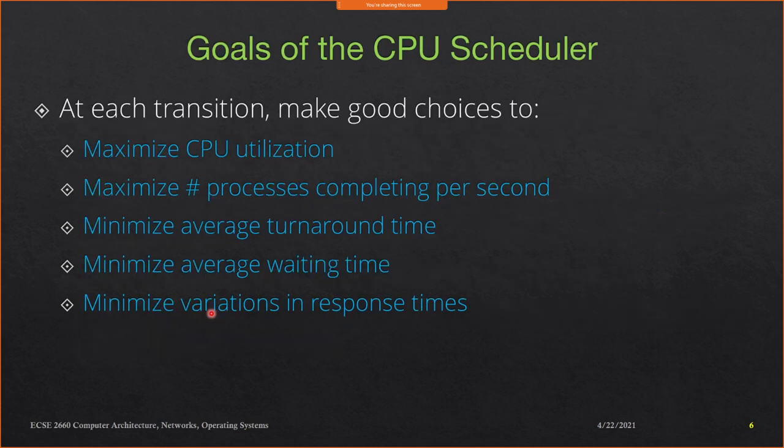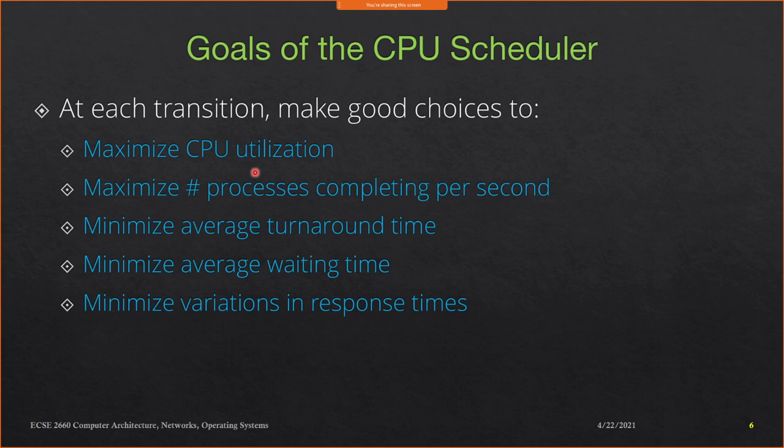Now, what are the goals for a CPU scheduler? At each transition, you would want the CPU scheduler to make good choices. And those choices might lead to optimizing a certain parameter. For example, we may want to maximize the CPU utilization, which essentially means I want my CPU to not sit idle.